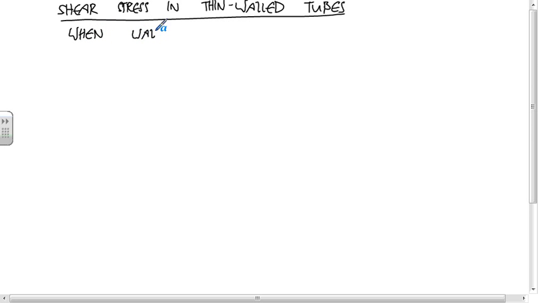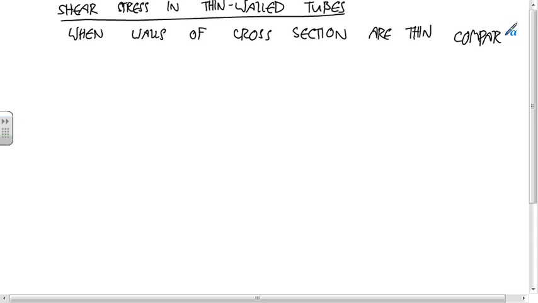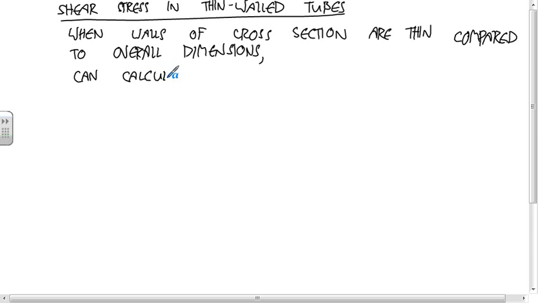When the walls of the cross section are thin compared to the overall dimensions, we can calculate the shear stress for even non-circular cross sections.